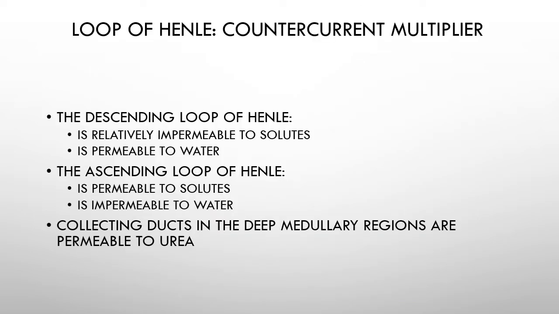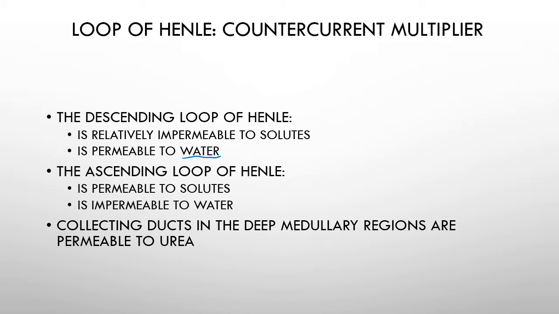This relies upon the fact that as we looked at the different parts of the tubules themselves, we saw that different types of substances were able to move in and out of the tubules. The descending loop of the loop of Henle was primarily permeable to water, so we were pulling lots of water out. As we pull that water out, the concentration goes up.